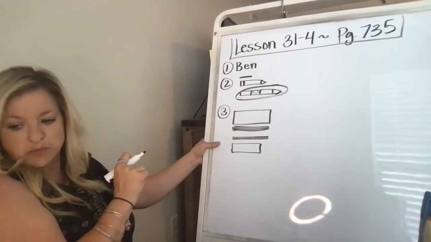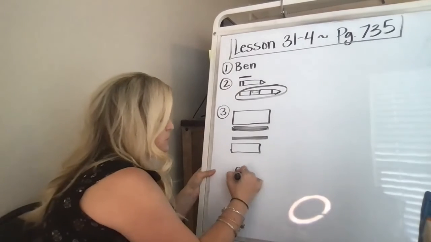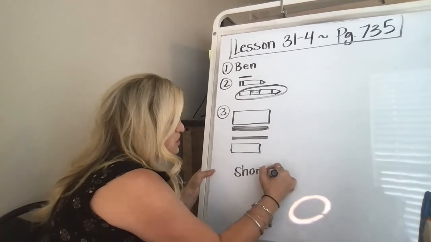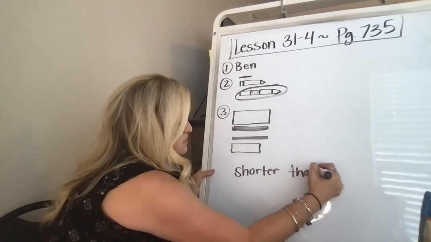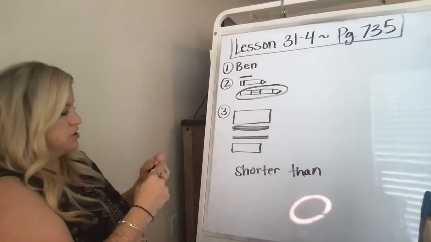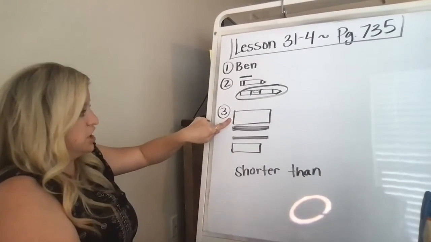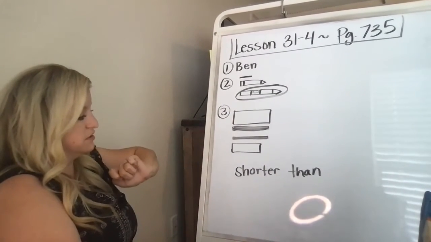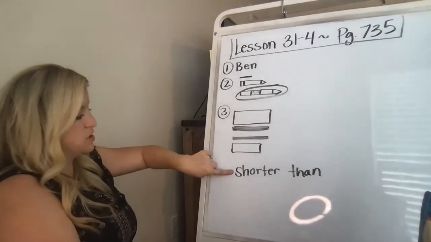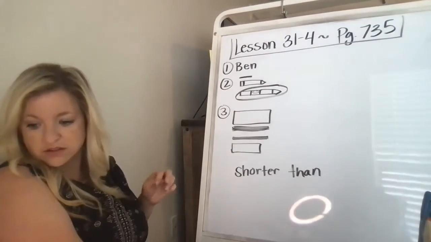So it says the blue box is, and you're going to circle shorter than the red one. The red rectangle is longer than the blue rectangle. The blue rectangle is shorter than the red one.